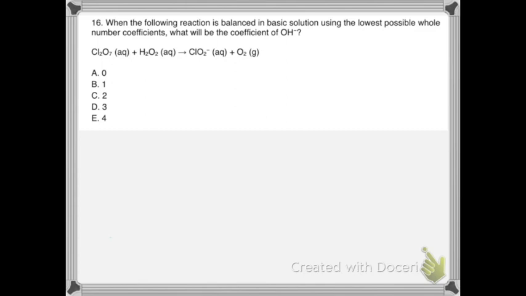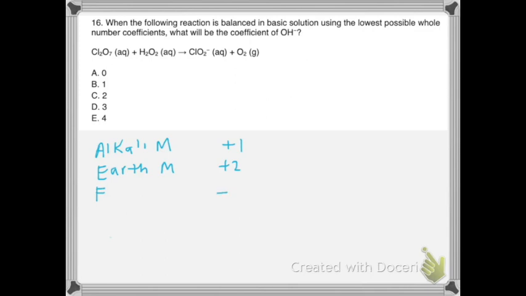Changing subjects for number 16, we're going to balance a redox reaction. And in order to do that, we have to know what's oxidized and what's reduced. Our way for determining that is by assigning everything oxidation numbers and seeing how they change. So we have our suggested oxidation numbers. Alkali metals are +1. Alkaline earth metals are +2.